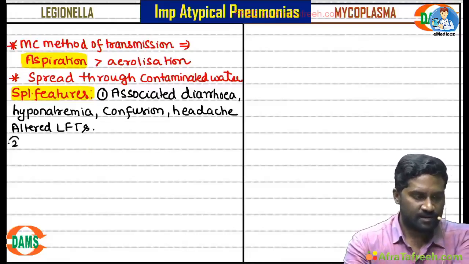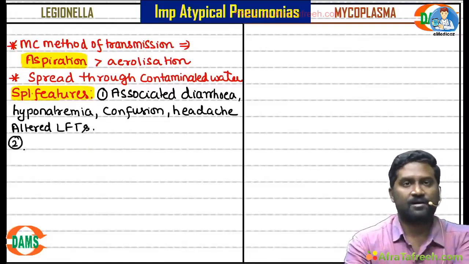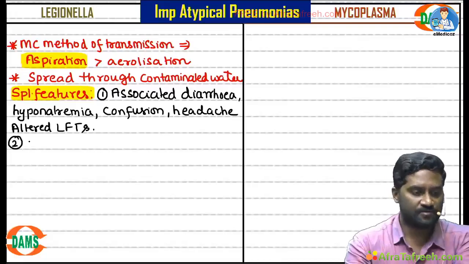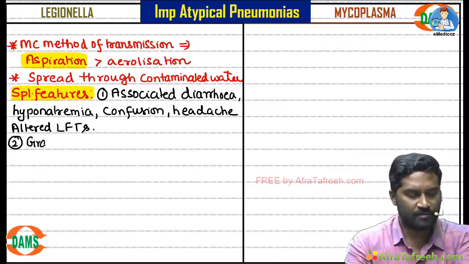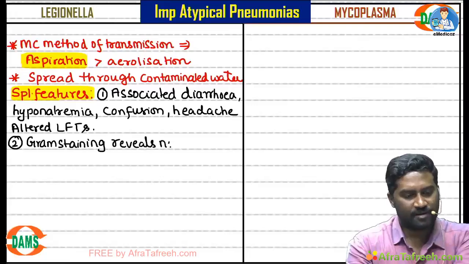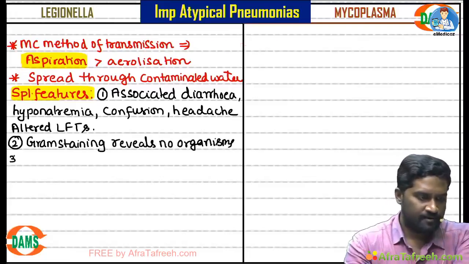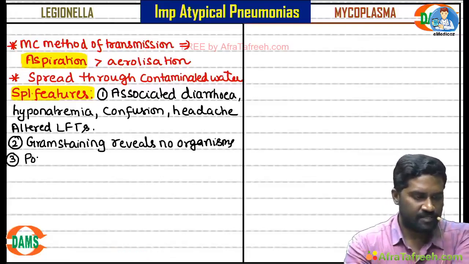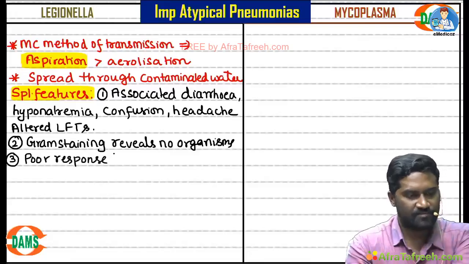This is an atypical pneumonia. If you collect the secretions and see under the microscope, you cannot identify the organism. Gram staining reveals no organisms. Then for some unknown reason there is poor response to beta lactams.